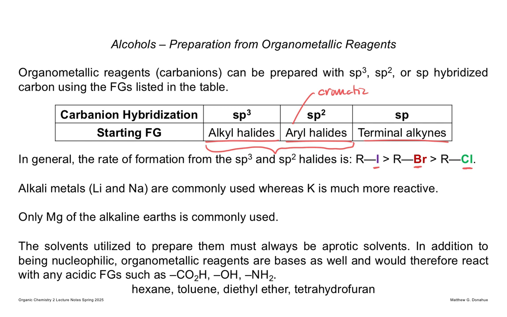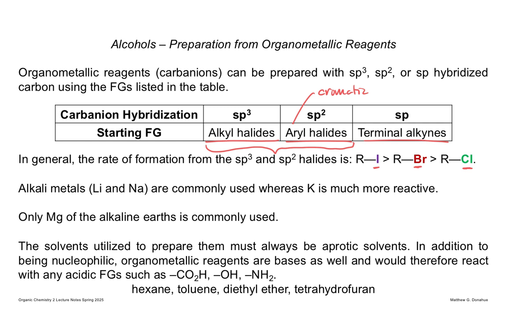You can use any of the group 1 metals, so lithium and sodium are probably the most common. Potassium is used as well. As you go down that group, those metals get more reactive. So really it's a balance between the size and reactivity of the M+ versus the carbon anion you're trying to generate.